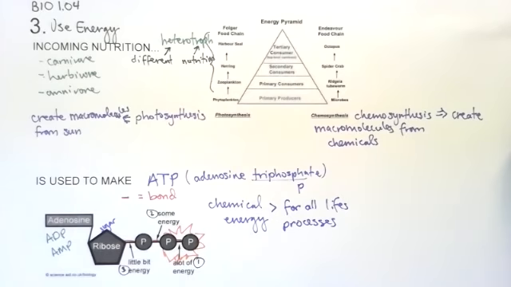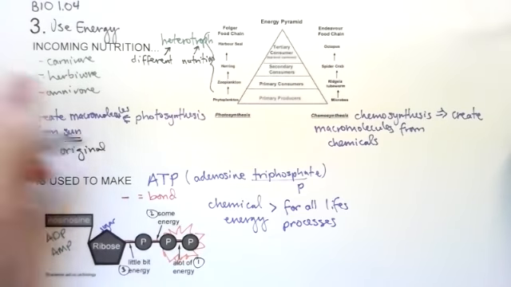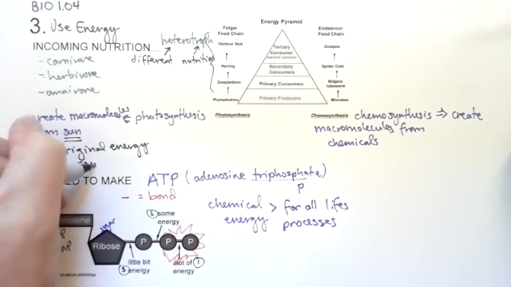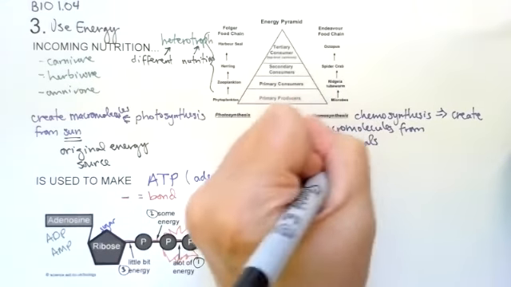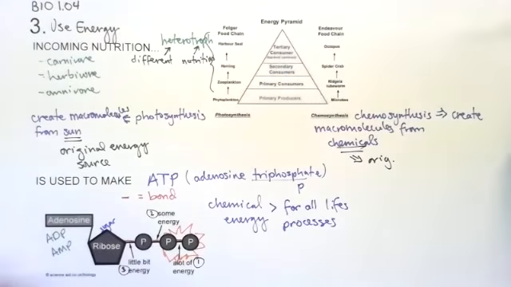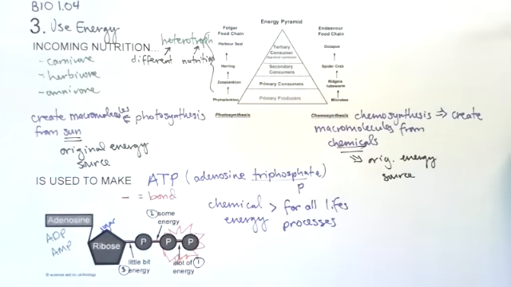So to be alive, our takeaways here are you've got to get energy in, and let me back up just a second here and add. This is the original source for energy. This is our original energy source over here. And over here, the chemicals are the original energy source for chemosynthesis.